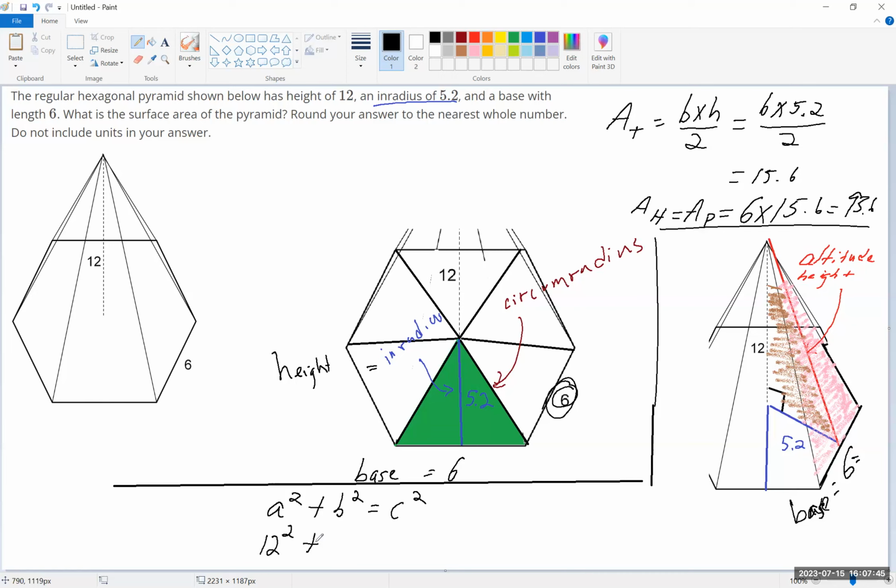The b is 5.2. And I'm going to color it in red. That's the c squared, which is actually this here. Okay, so there's a lot going on in there.